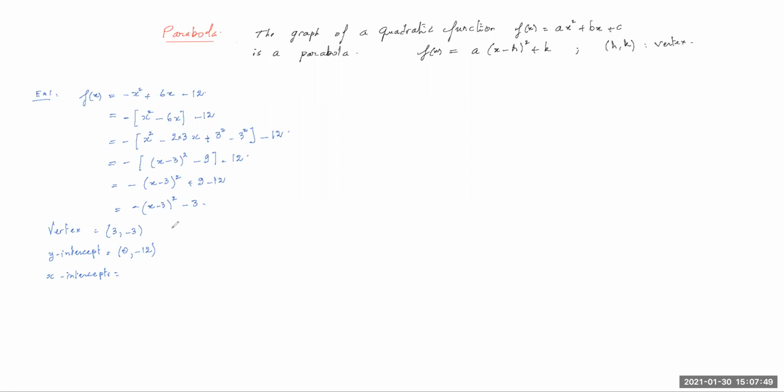Taking y equals 0, the expression reduces to (x minus 3) squared plus 3 equals 0. This is not possible, there is no solution, so my curve doesn't intersect the x-axis.